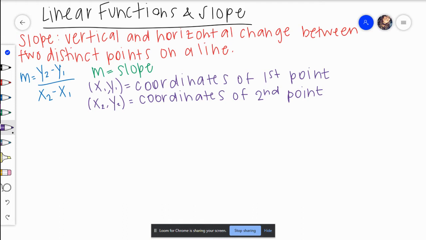Okay. So first, let's go over the different types of slopes, and then we'll actually do an example finding slopes. So our different types of slopes.